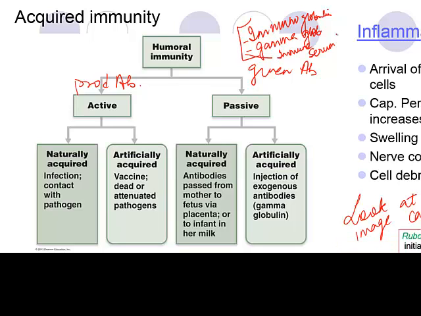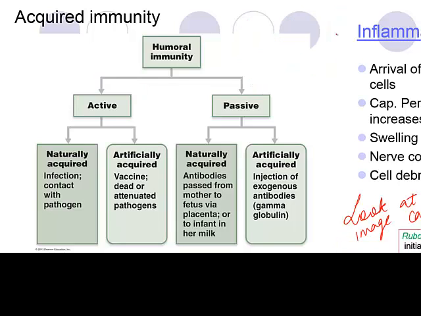So having understood the difference between active and passive, let's look at the ways we can actually get active and passive immunity. Active immunity could be naturally acquired. When we say naturally acquired, that means it's something that happens in nature. So for example, let's say you get a viral infection.